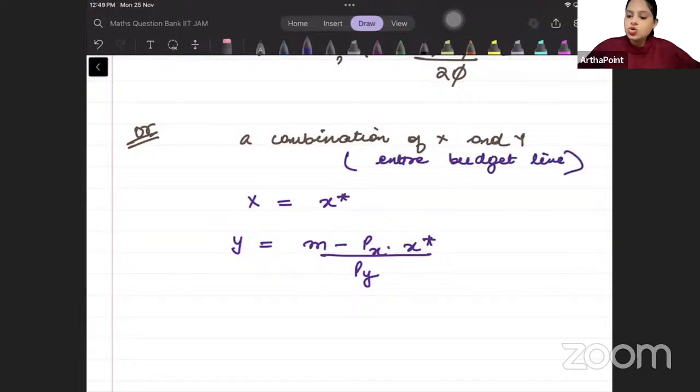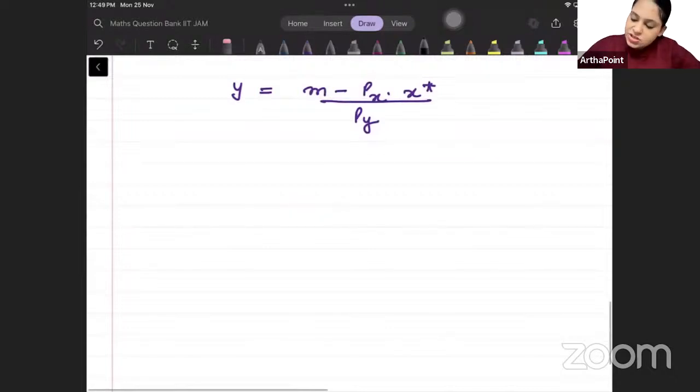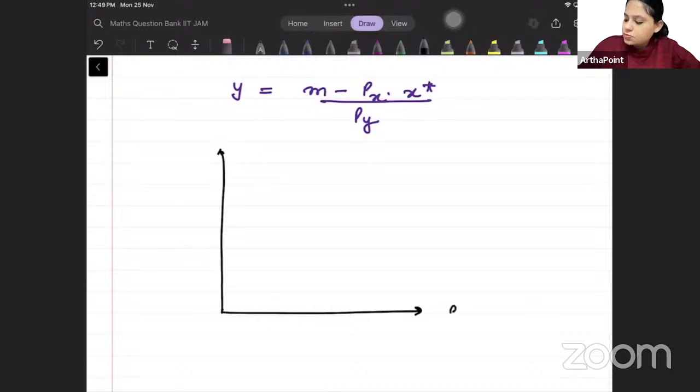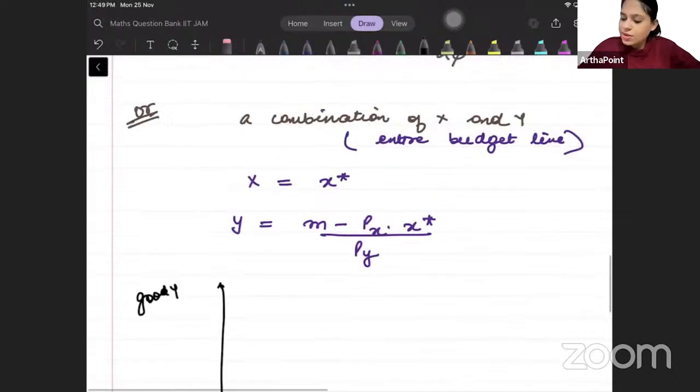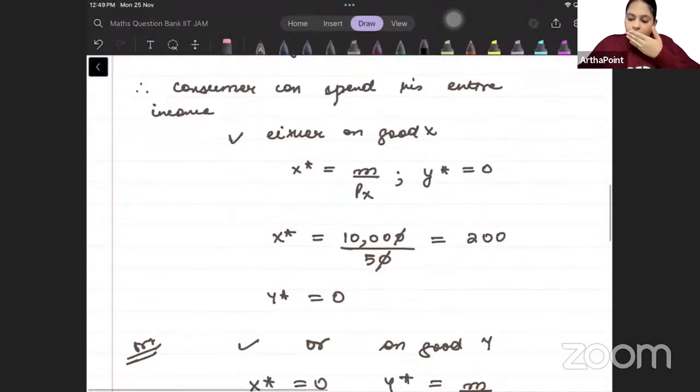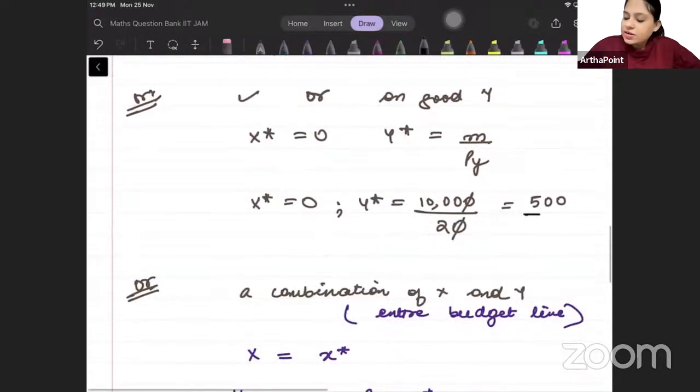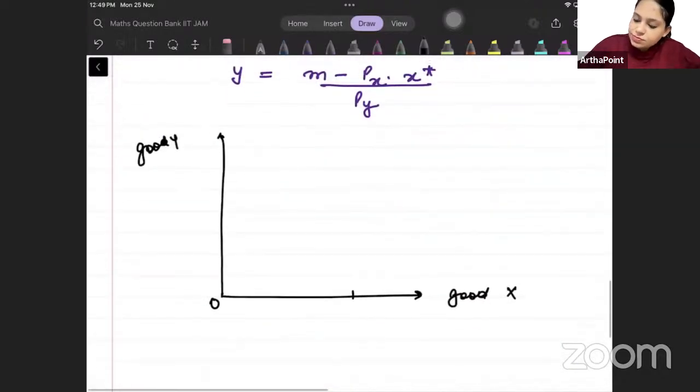Right? So if I draw good X and good Y, the X coordinate is M by PX. So M by PX here is 200. M by PY here is 500.